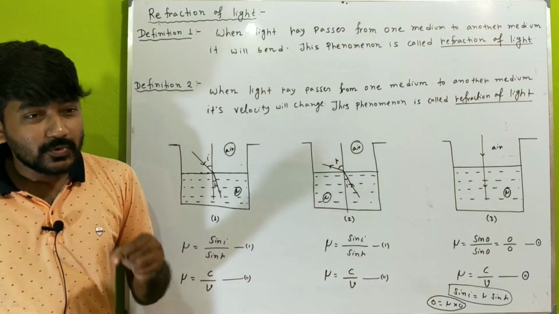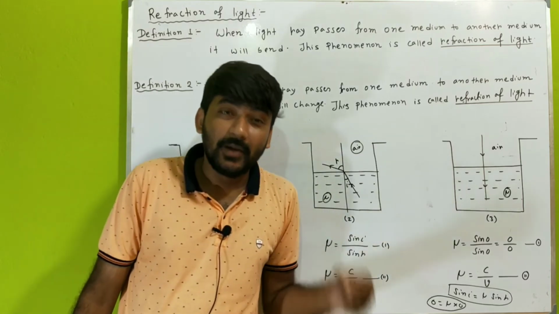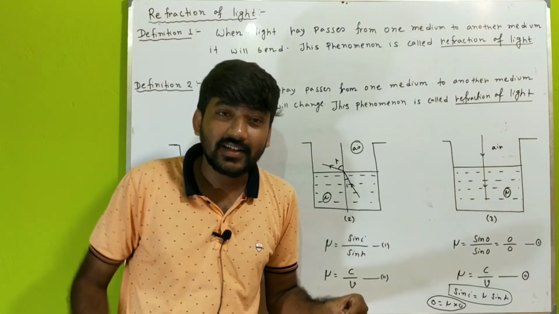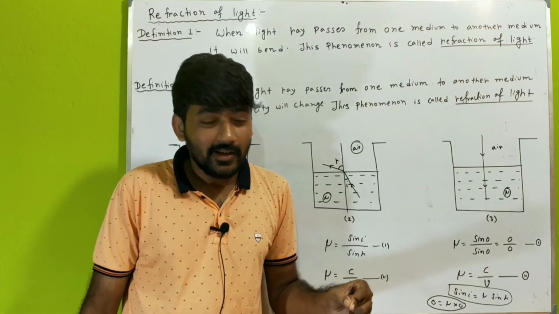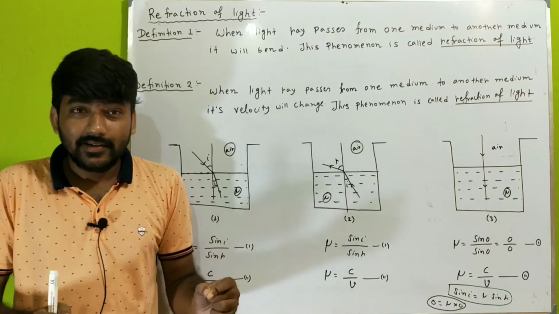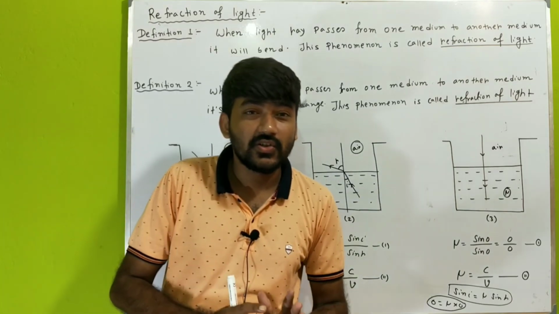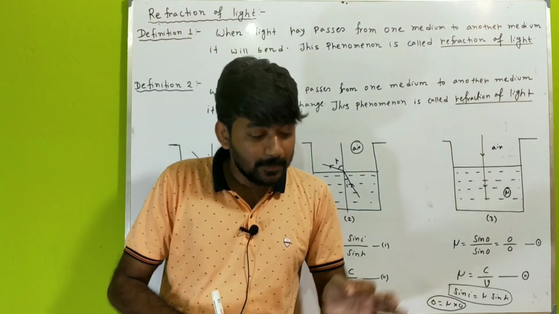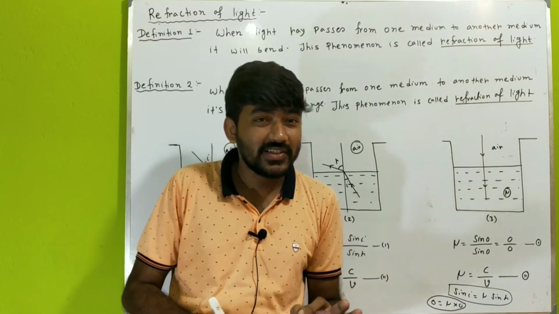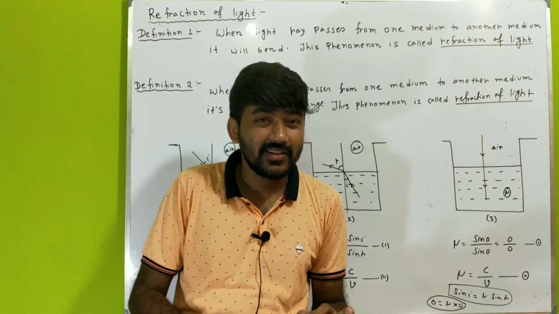The cause of bending of light is changing of velocity. But if velocity is changed, it is not necessary that light will bend. If light bends, then you can readily say that the velocity is changed. But if light does not bend, then you cannot say that velocity is not changing.